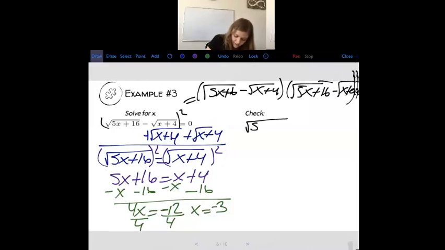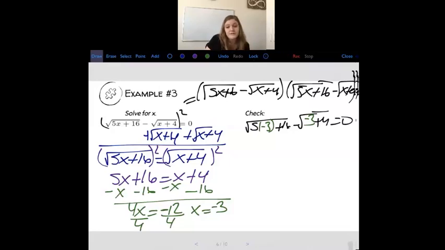5 times negative 3 plus 16 minus the square root of x plus 4 equals 0.